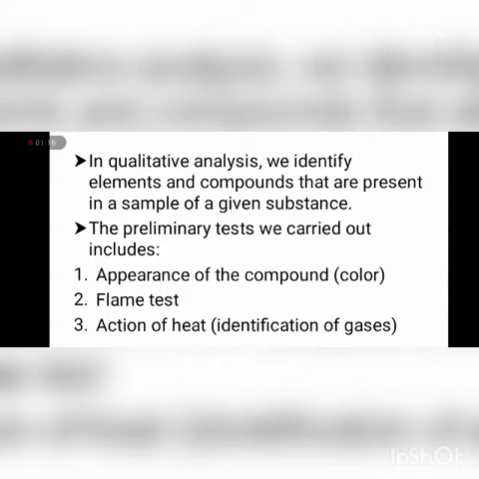Now, action of heat: when you heat a particular compound, gases are liberated, and from the gases, you can easily trace it to the compound that is present in that particular sample. So these are preliminary tests that we carry out under qualitative analysis to determine if a particular element, compound or radical is present or absent.